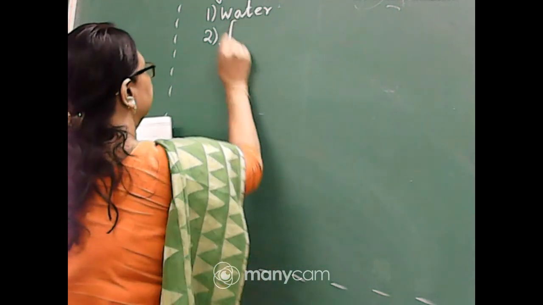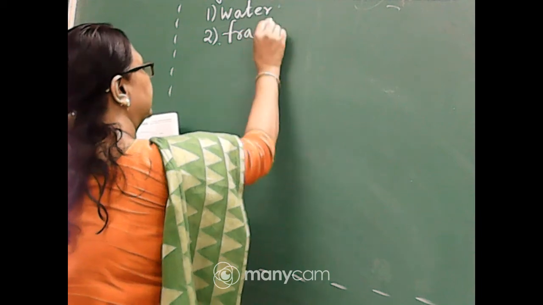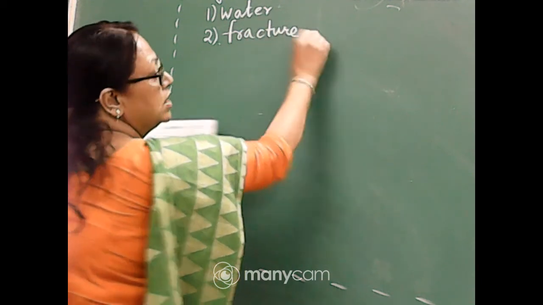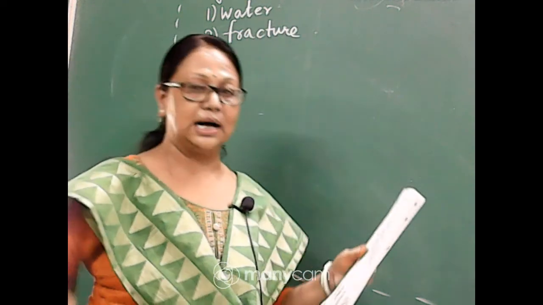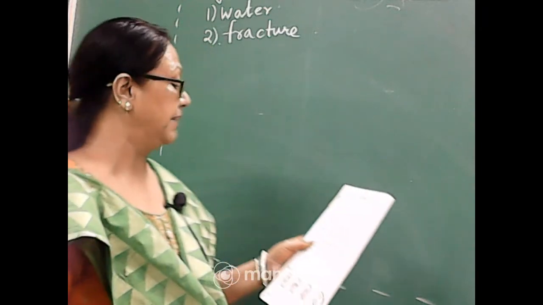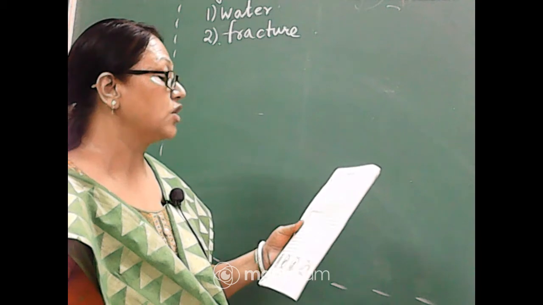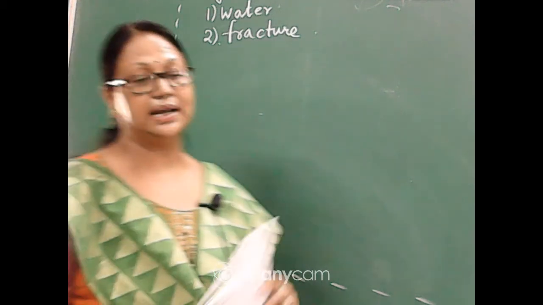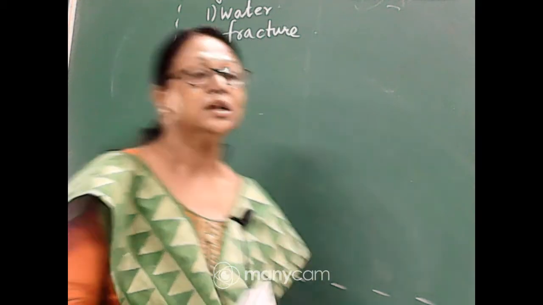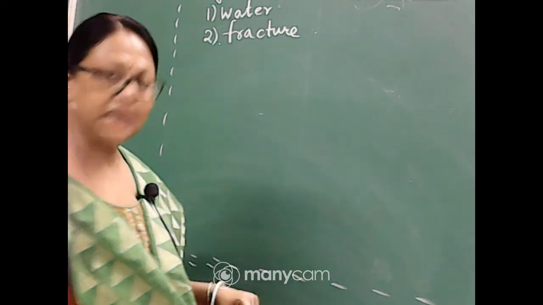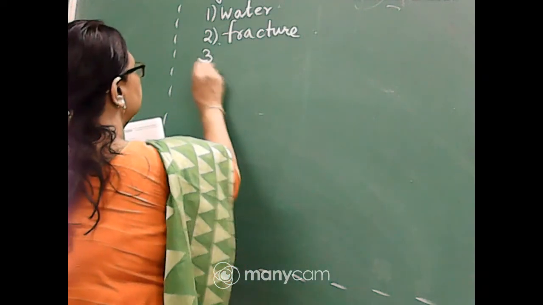I think you have done it, but even then you have to correct your answers, tally your answers with me. The third one is, what should we do to extinguish a fire caused by wood or paper? We know if anything is burning with paper or wood, we have to use plain water. So the third answer is water.